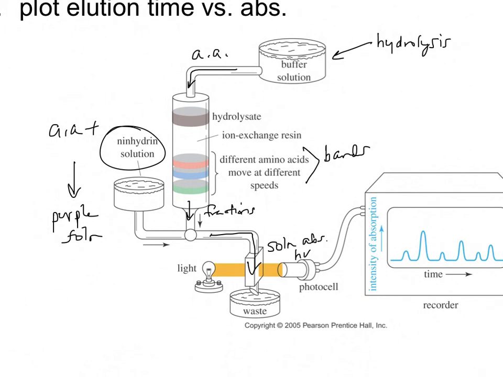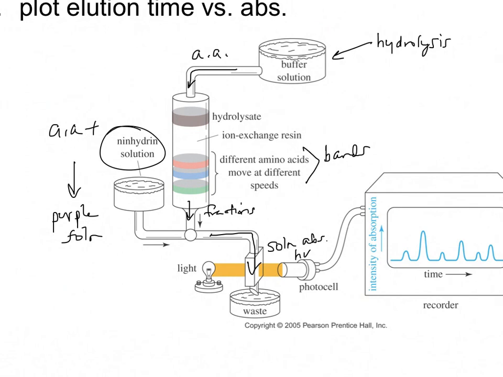If there's no purple coming through, no light's absorbed, right? If a light purple solution comes through, then a little bit of light's absorbed. But let's say there's a whole lot of whatever that amino acid is in your peptide, there's going to be a pretty deep purple solution. It's going to absorb more light. Does that make sense? Okay, so it goes to a computer.